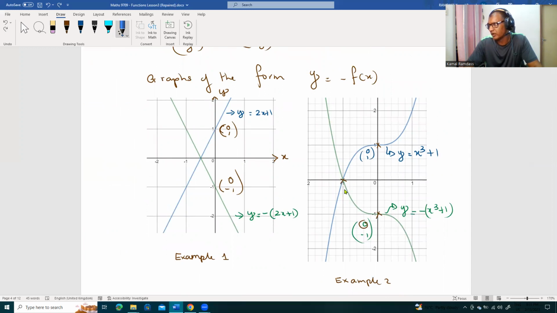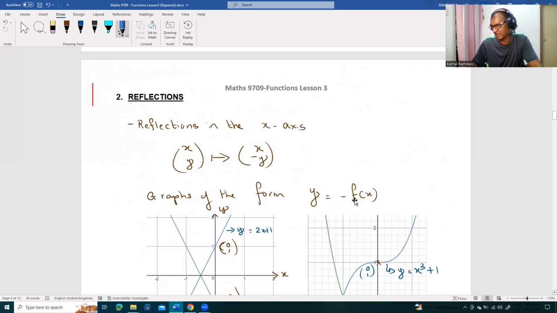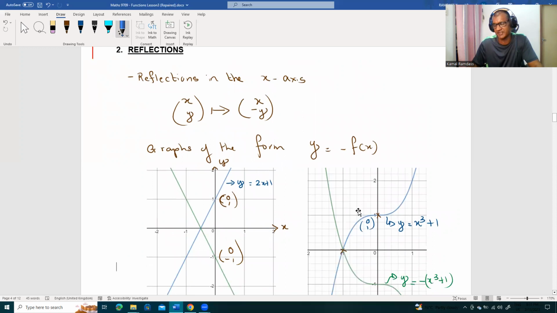OK? Et là, moi, pour reflect, ça veut dire sa partie-là, pour reflect in the x-axis pour venir sa partie-là, et sa partie-là pour reflect in the x-axis pour venir sa partie-là, and the equation will be minus (x cube plus 1), minus f of x. OK? Minus f of x, c'est reflection in the x-axis.